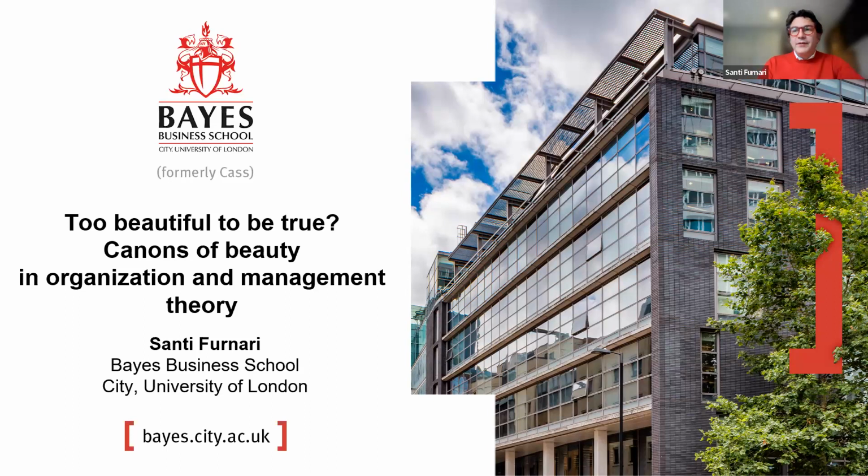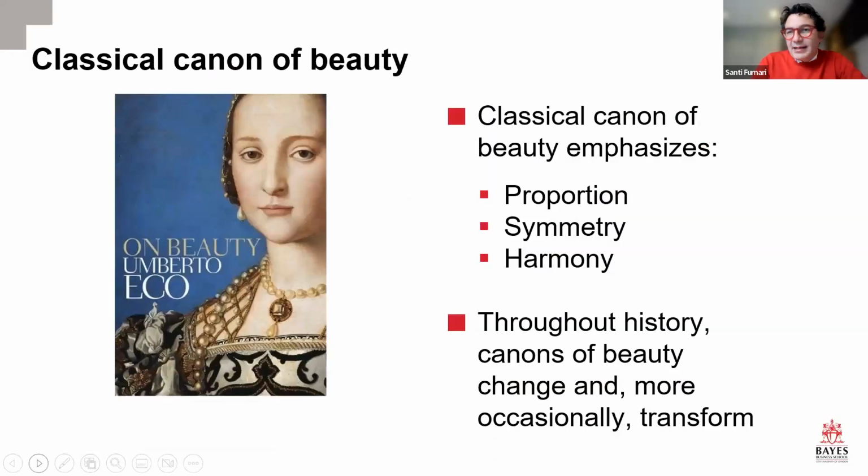So to start with, I wanted to start from what is often discussed as the classic canon of beauty. And I have here a picture of one of my favorite scholars, who is Italian like me, Umberto Eco.